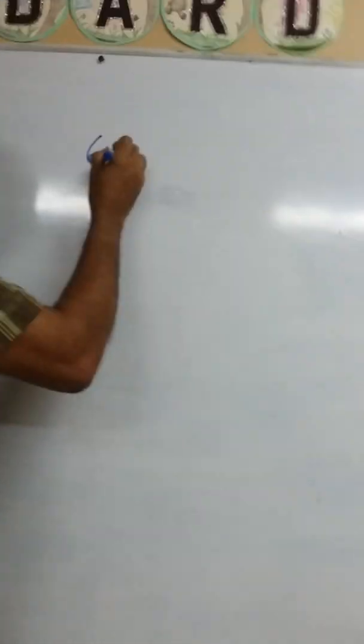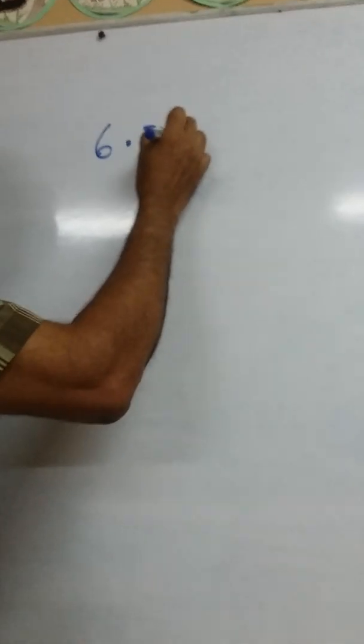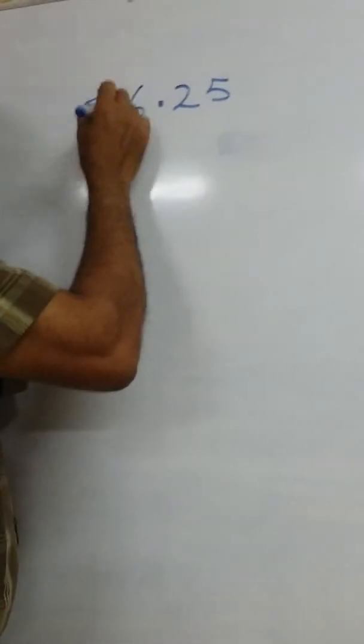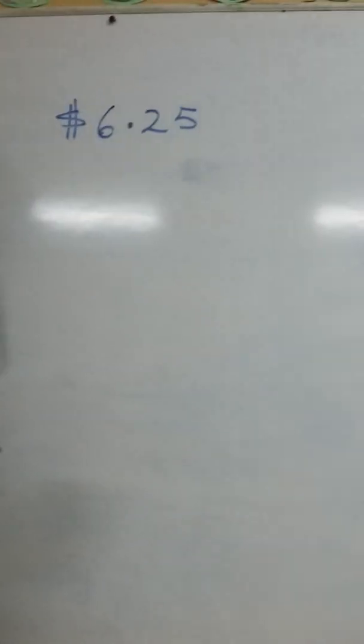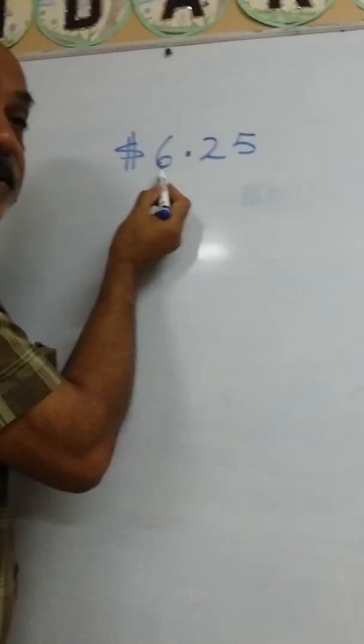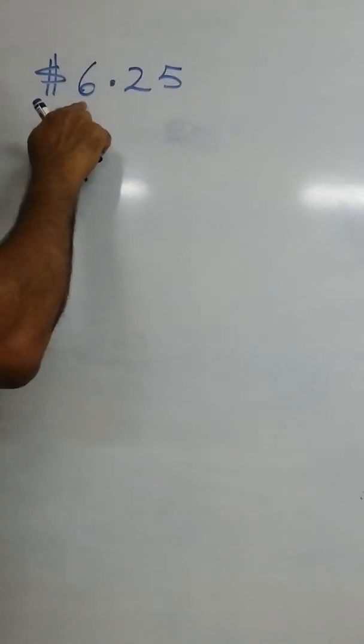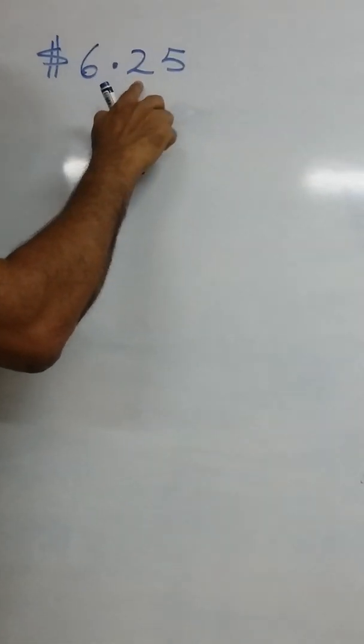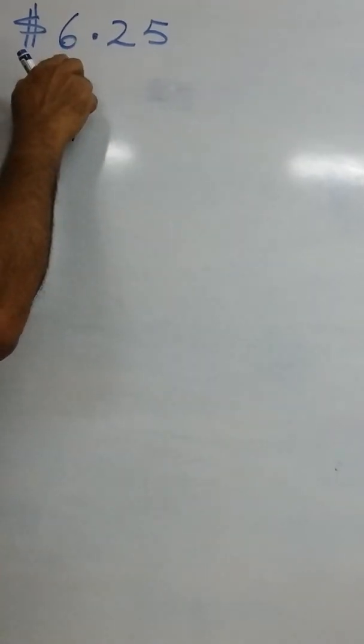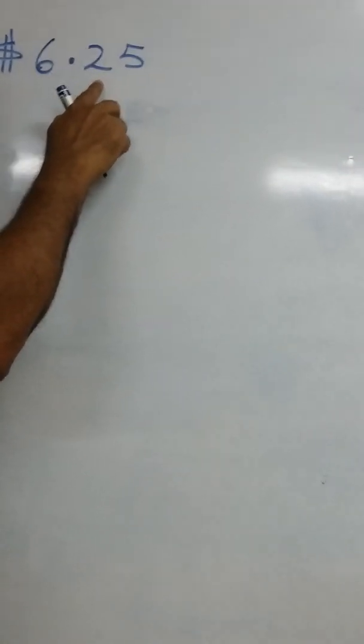So look at this. In terms of money, if we had $6.25, because you have been using the decimal system all about the money, what does this tell us? We have $6, 2 10 cents, and 5 cents. 6 wholes, 2 tenths, yeah? 6 whole dollars, 2 10 cents, and 5 cents.